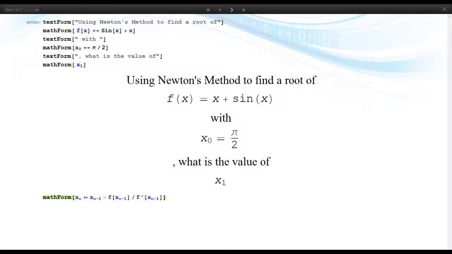So if we have an approximation, we can find the next approximation, which should be better, by taking our first approximation and subtracting the function's value at that point divided by the derivative of the function at that point.